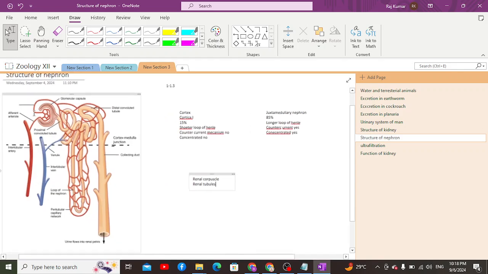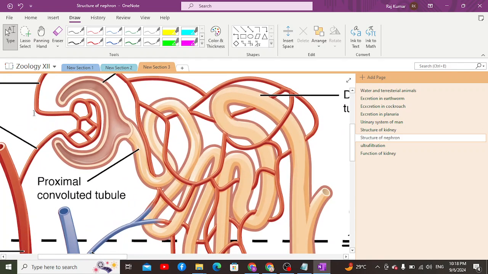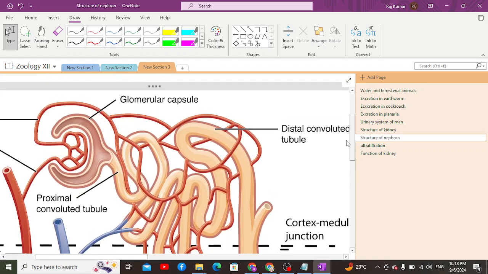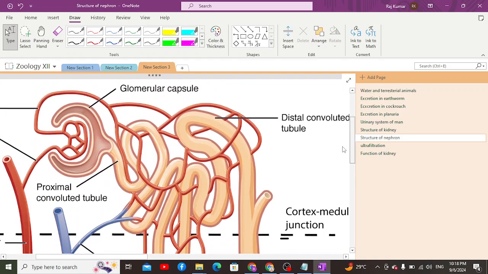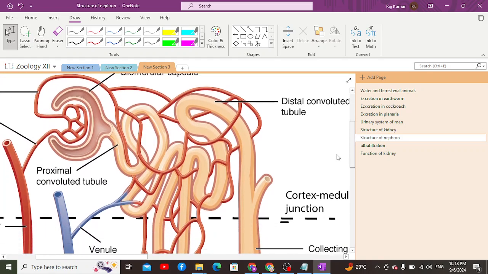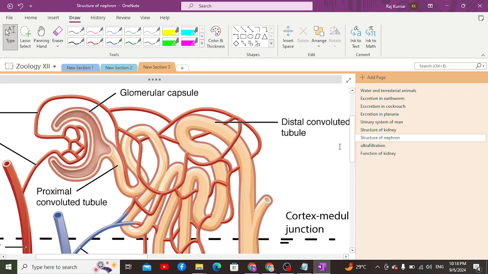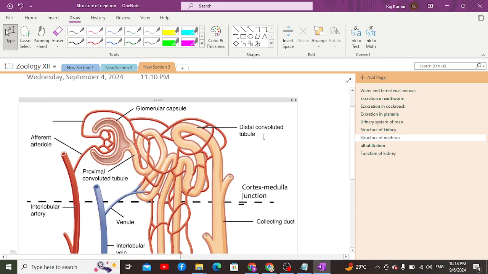The renal corpuscle, or we also call this the Malpighian body, is made up of two major components. As we have previously studied, the renal artery drains from the abdominal aorta, and each renal artery enters into each kidney.